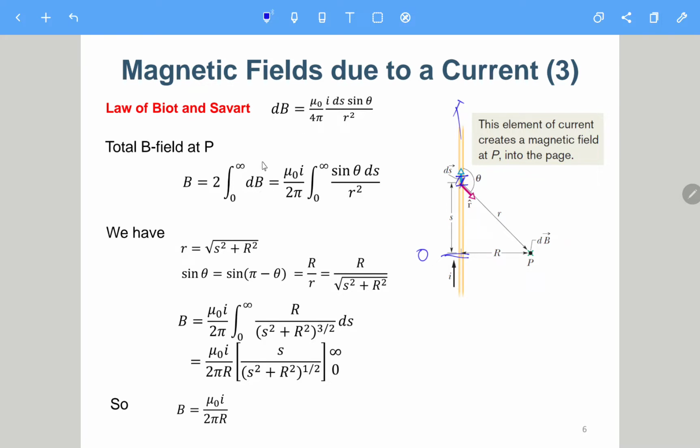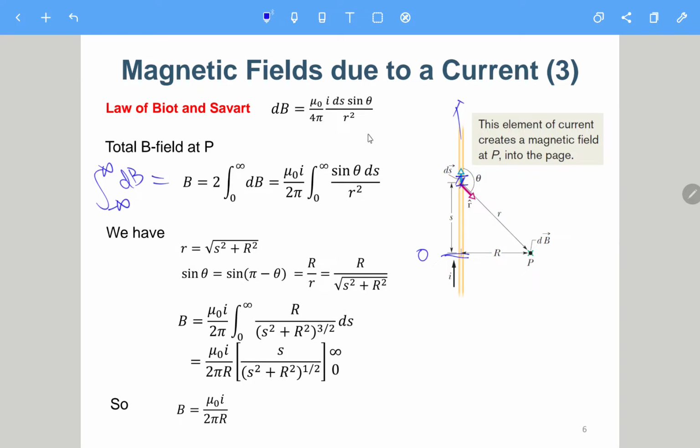B is nothing but the integration of dB from negative infinity to infinity. dB is the B field generated by this small segment, and then we add the whole line by integration from negative infinity to infinity.